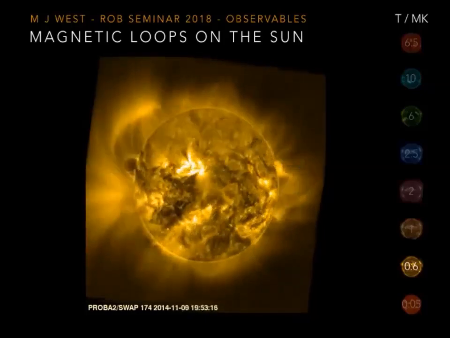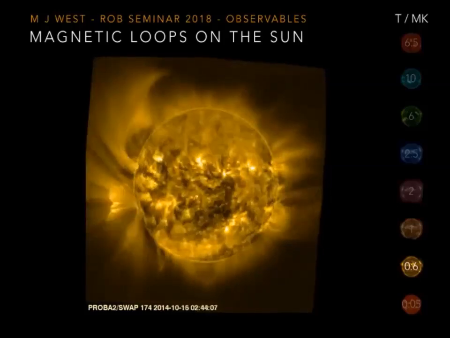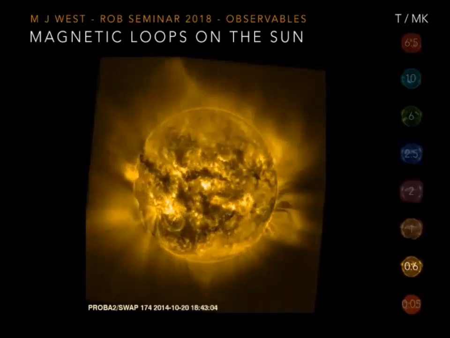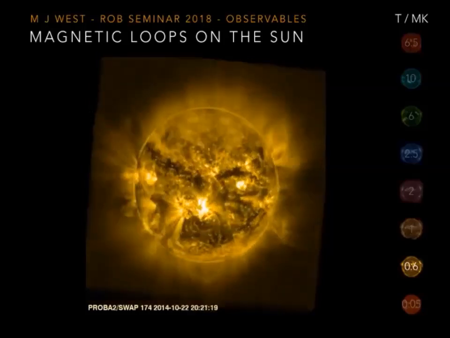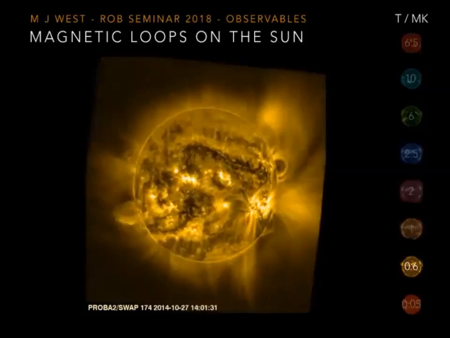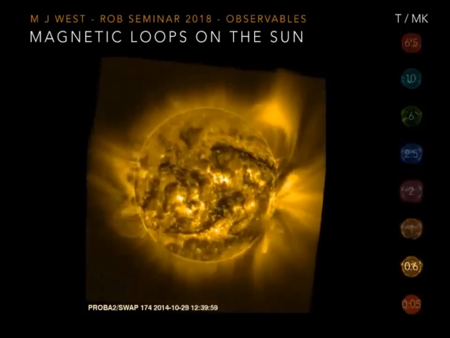Bear in mind that this is from SWAP, which observes at just under 1 million degrees. We can see these bright hot regions, and we see some of these darker cooler regions here. So there's a lot of temperatures in there. And a coronal heating mechanism has to try and explain some of these observations.